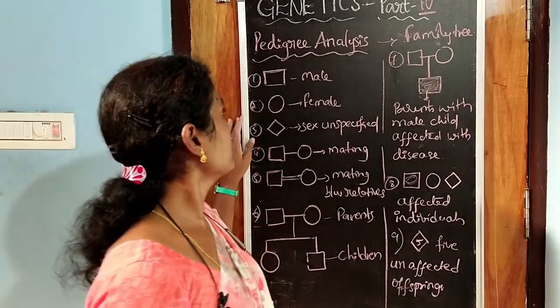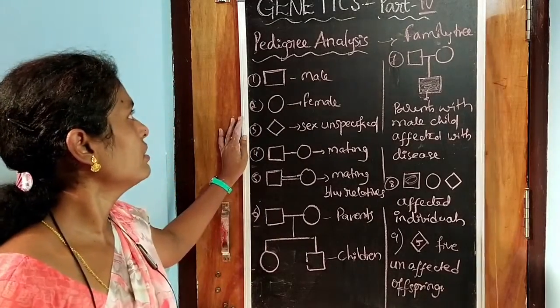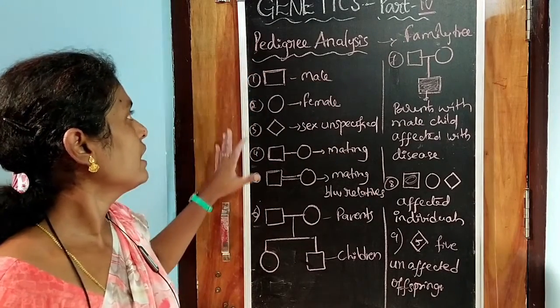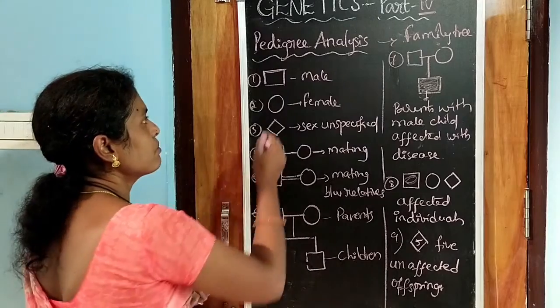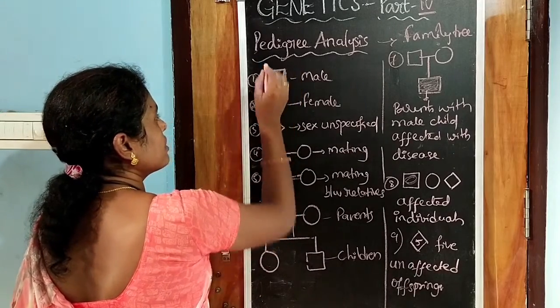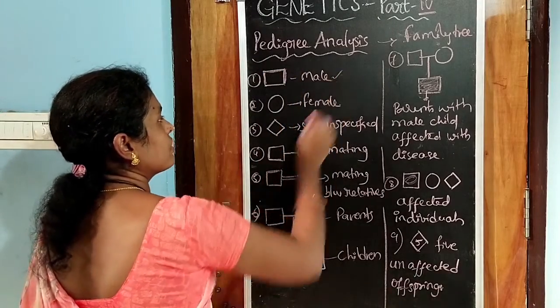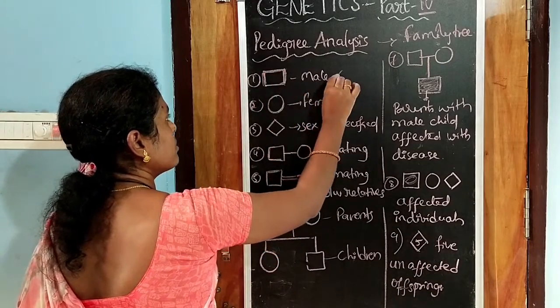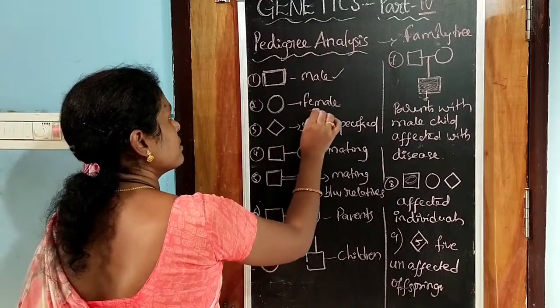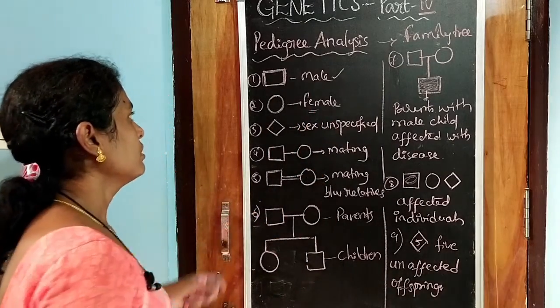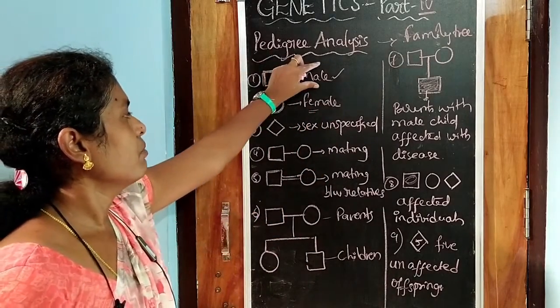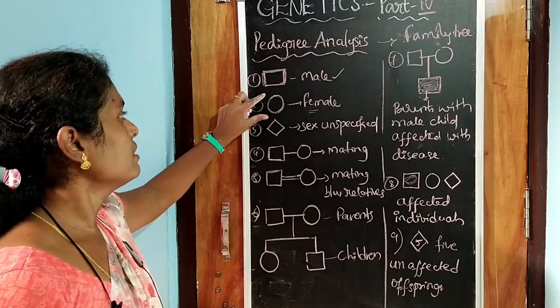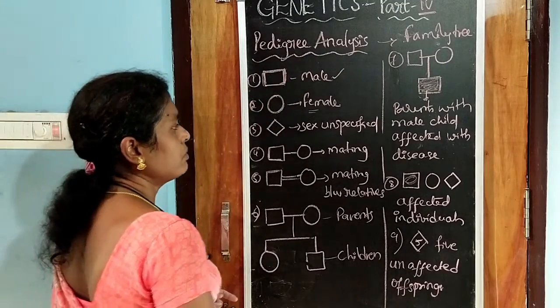Here some standard symbols are used in our pedigree analysis. The empty square represents a male person, and the empty circle represents a female person.